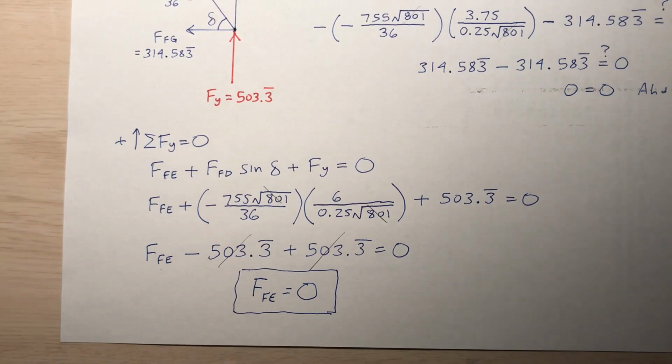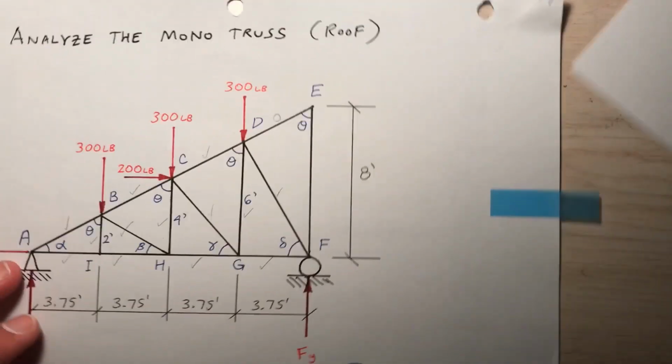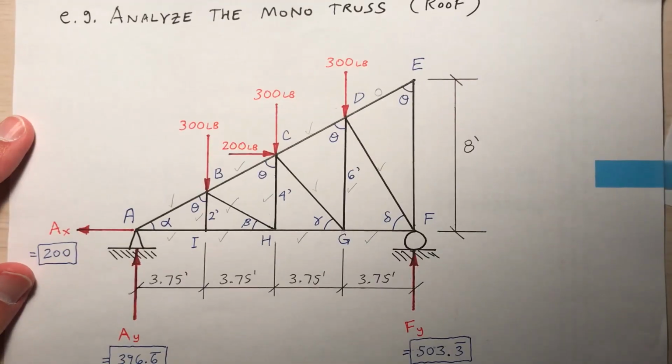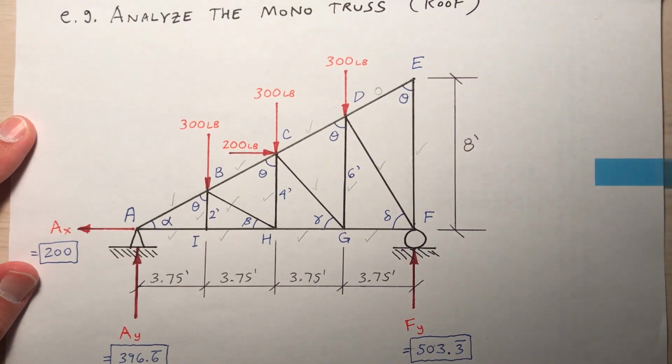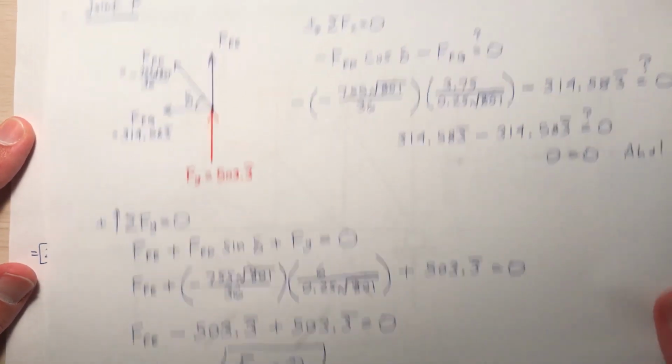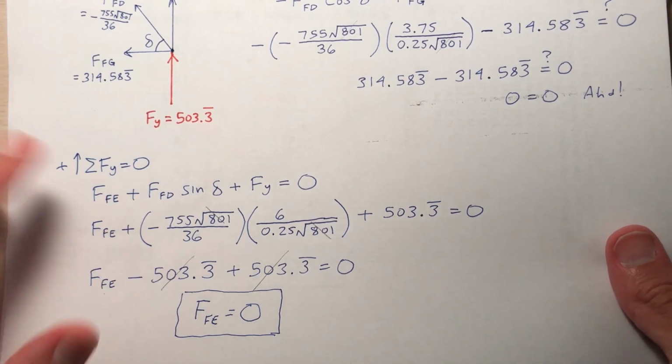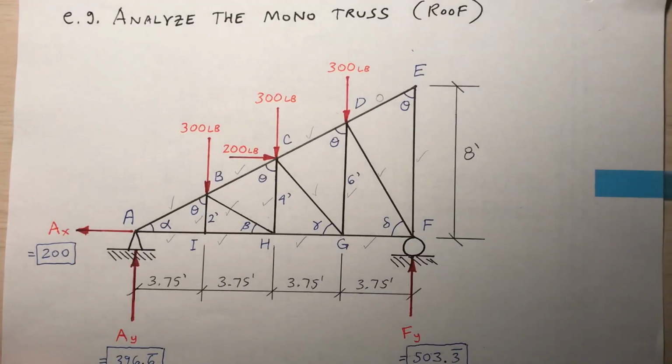So let me bring back my original drawing. Okay, so now I found F sub FE to be 0. So by analyzing the joint F, particularly in the y direction, I was able to find F sub FE is equal to 0.